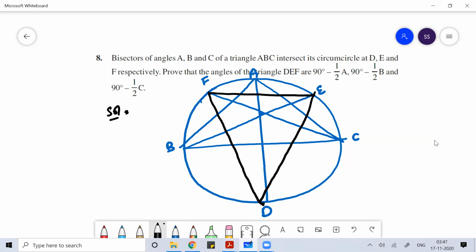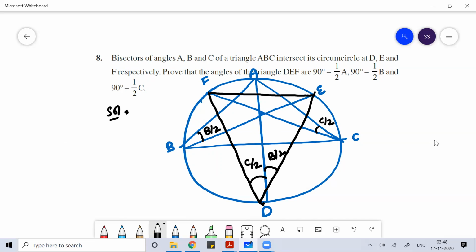So if this is the angle, this is C by 2. This is C by 2. This is B by 2, angle on the same arc.